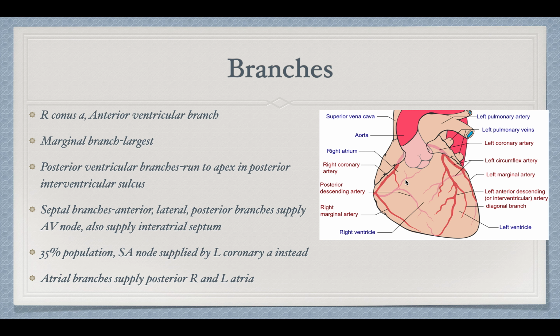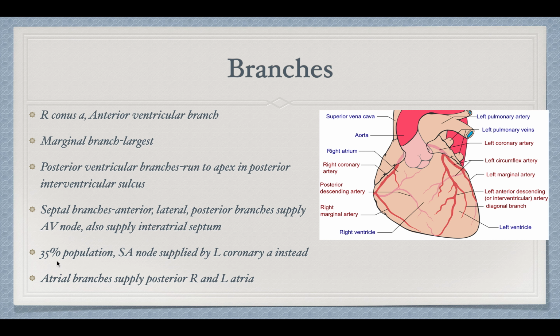And then there's a bunch of septal branches coming off of the posterior ventricular branches, and those are also the anterior lateral posterior branches, and those are going to supply the atrioventricular node along with the septum in the heart. So the septal branches, of course, pierce the septum. More importantly, just know that they pierce the septum and supply the atrioventricular node.